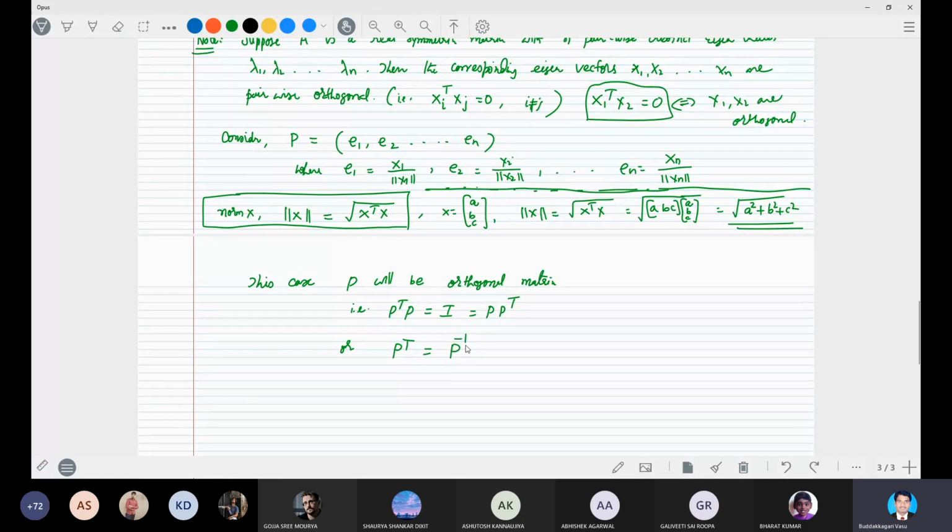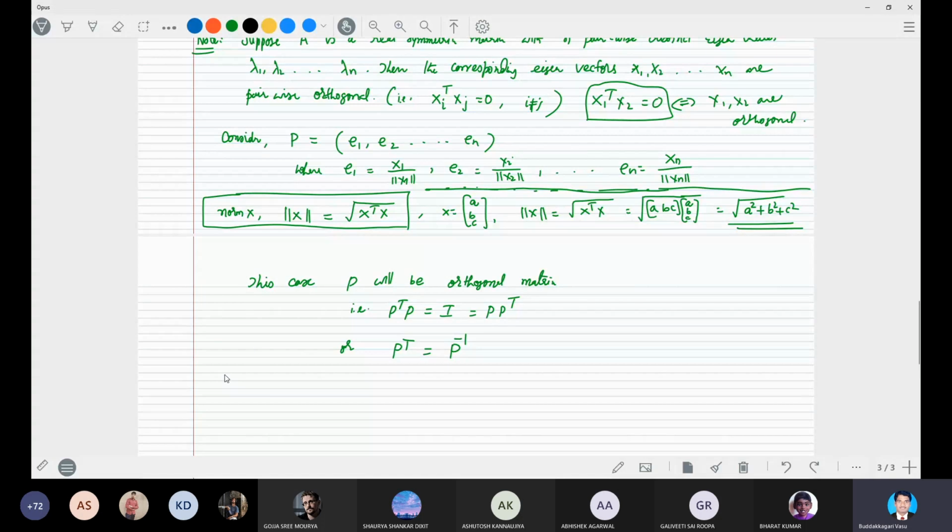P transpose is equal to P inverse, right? Or P inverse is equal to P transpose. If any matrix is orthogonal, then its inverse is equal to its transpose, right?